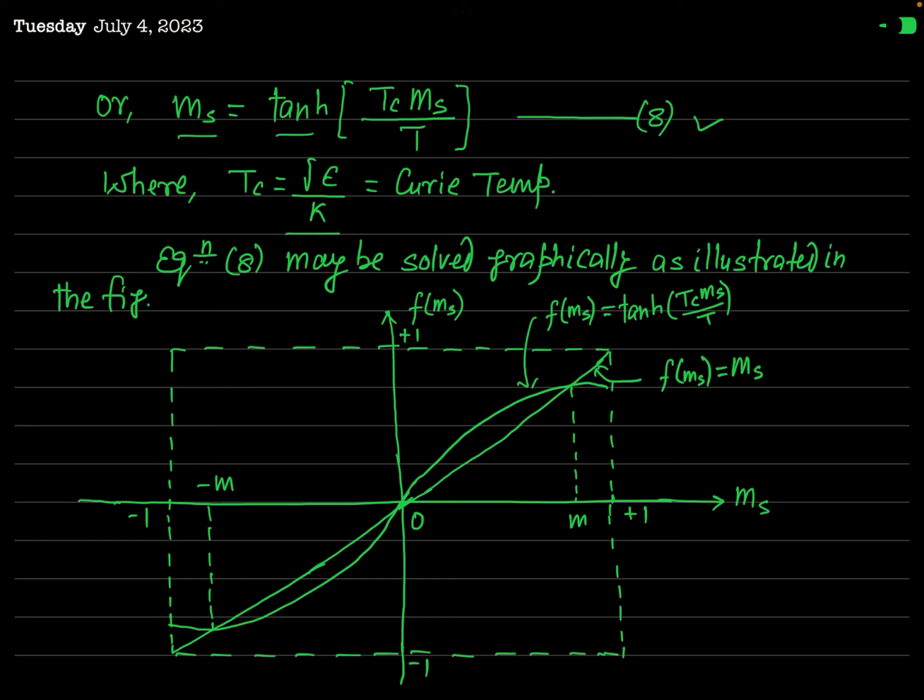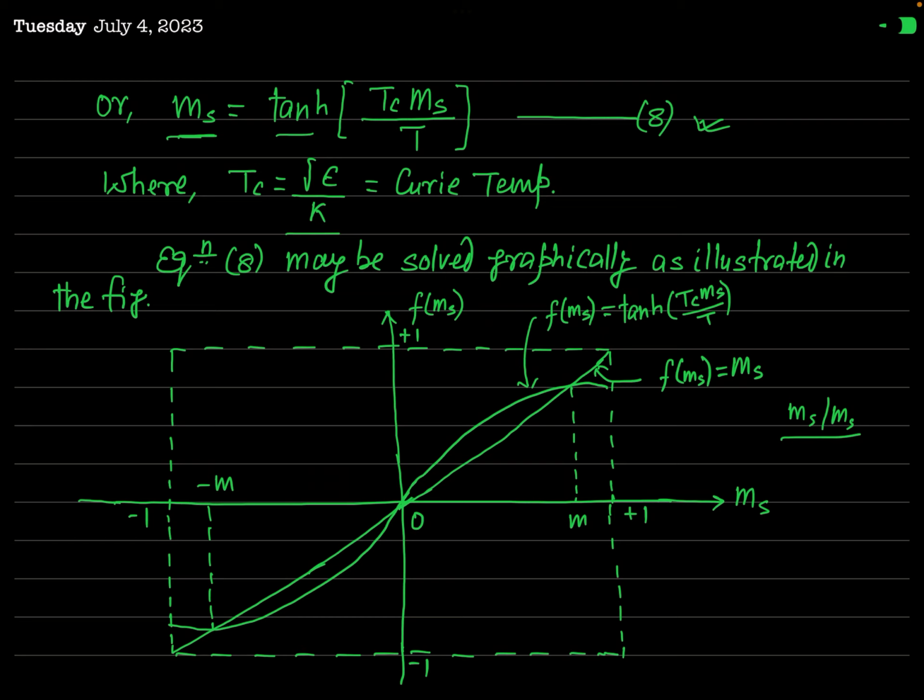To solve equation 8 graphically, we plot two curves on the same graph paper. The LHS, that is ms, is plotted against ms, an ms versus ms graph. When you plot ms versus ms, what type of curve do you get?